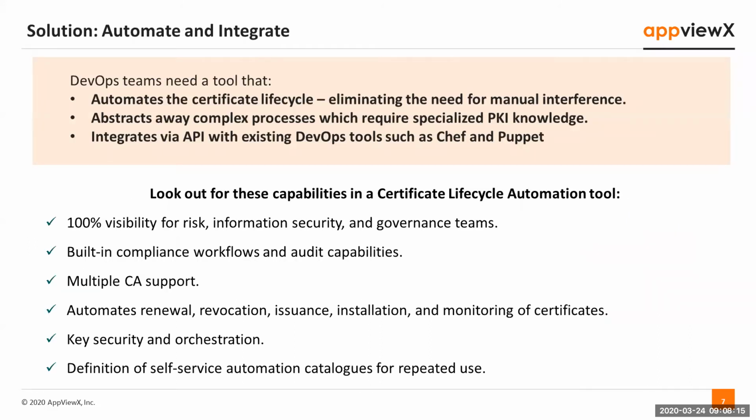So solutions that AppViewX recommends and can offer would be integration within your DevOps pipeline to fully automate the certificate lifecycle, making it available to your DevOps teams as a service. They could use the flexibility to integrate with the API of the AppViewX platform.